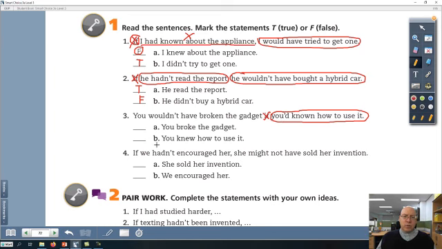Let's jump down to B here, so it might make it easier. So you had known how to use it. Think of the opposite. So this person didn't know how to use it. So you knew how to use it. No, the opposite. Okay, if you'd known how to use it. So you knew how to use it. This is false.